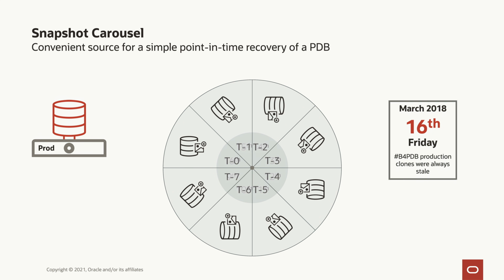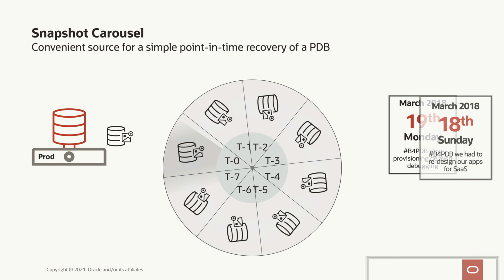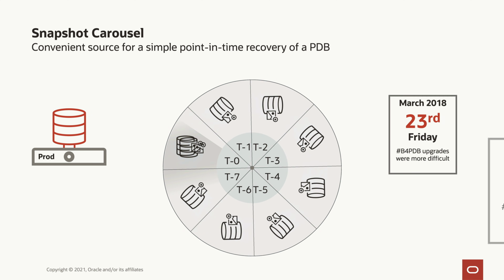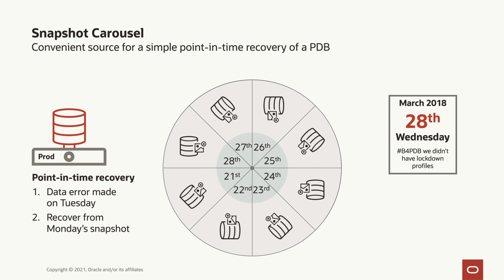Another great use case for Snapshot Carousel is as a convenient source for simple point-in-time recovery of a PDB. Let's say a few days go by uneventfully. Business proceeds smoothly, and snapshots are taken automatically every midnight.